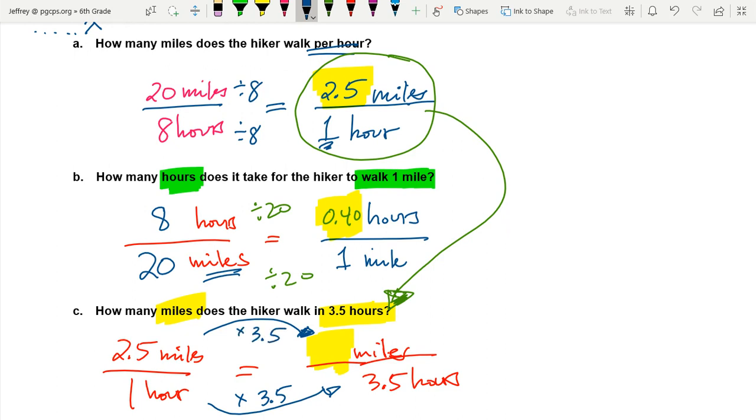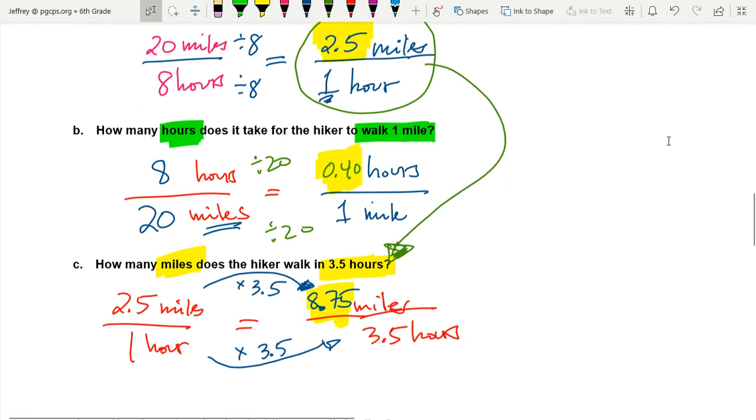So what's 2.5 times 3.5? If you use your calculator, you would get 8.75 miles. So the hiker walks 8.75 miles in 3.5 hours. Make sure you make sense of the problem.